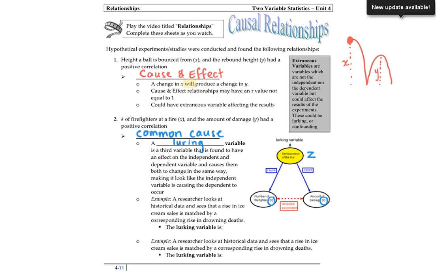If we say that the number of ice cream sales is the X and the number of drowning deaths is the Y, you may think there should be no relationship there at all, but there is actually a lurking variable. And the lurking variable is the temperature.